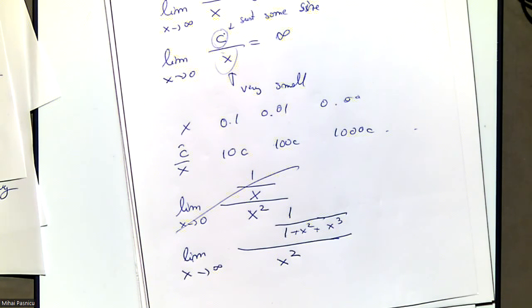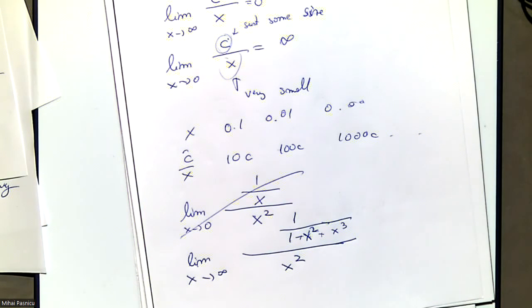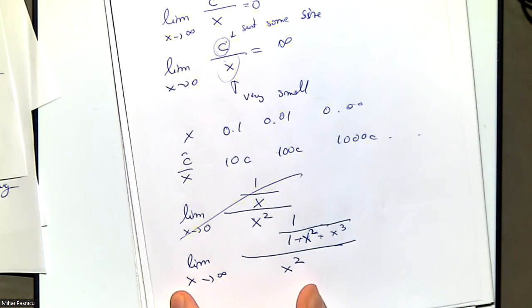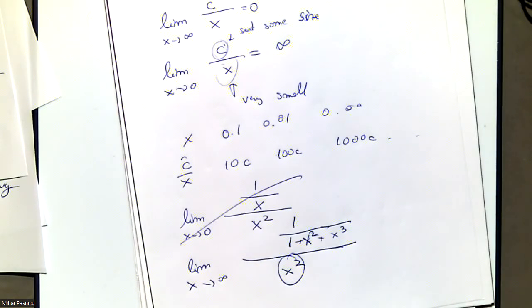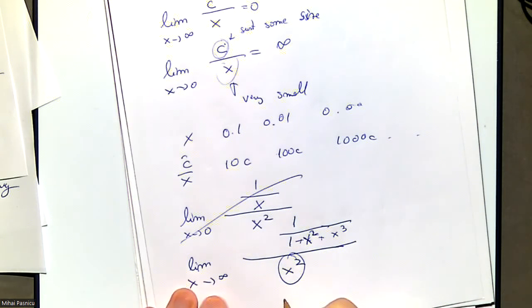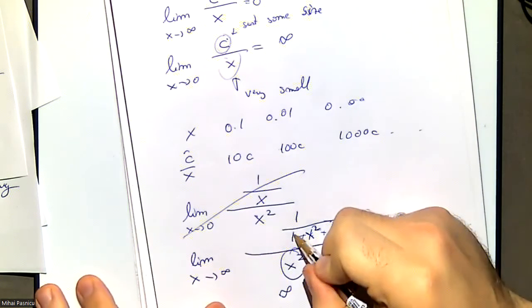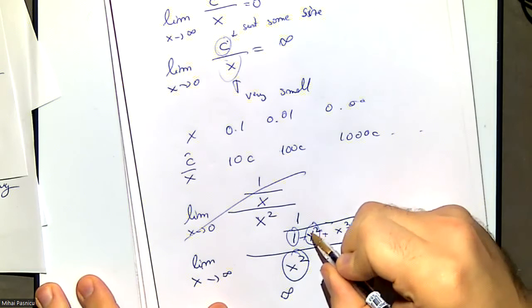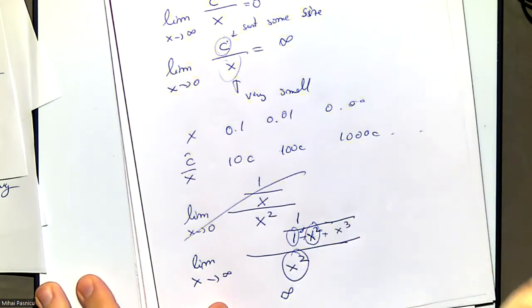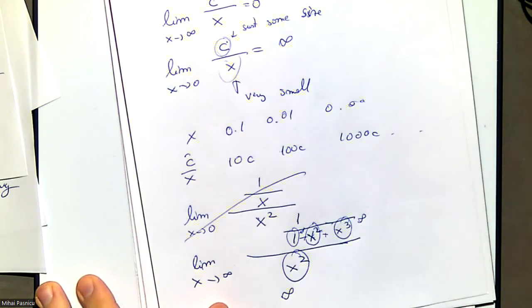Okay, let's evaluate this limit. Well, when x goes to infinity, where does x squared go? If x is big, x squared is even bigger. So this goes to infinity. Now, let's evaluate this one. 1 just goes to 1. x squared goes to infinity. x to the third goes even more to infinity.